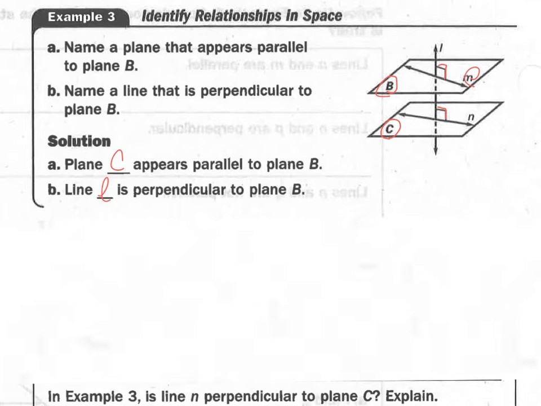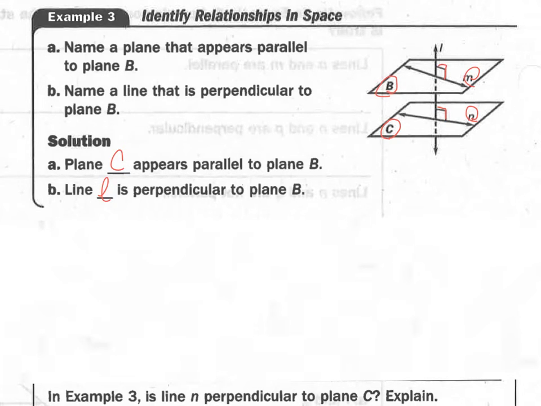Lines M and N are both on separate planes, respectively, but line L is the one that penetrates through both sheets, both planes B and C, at a right angle.